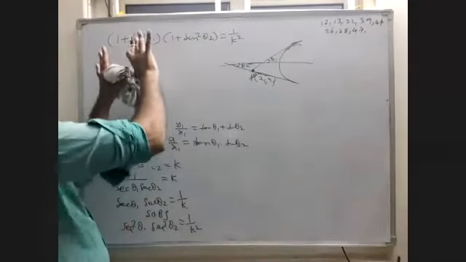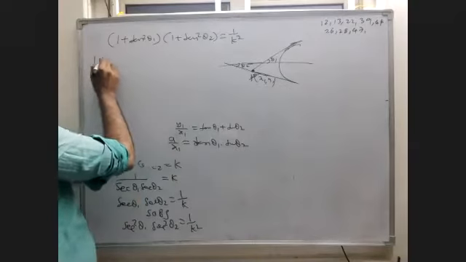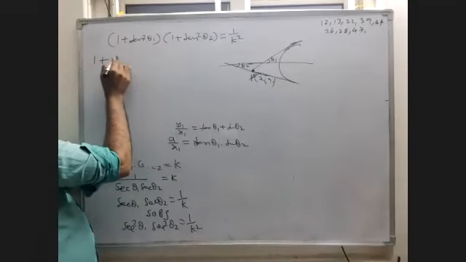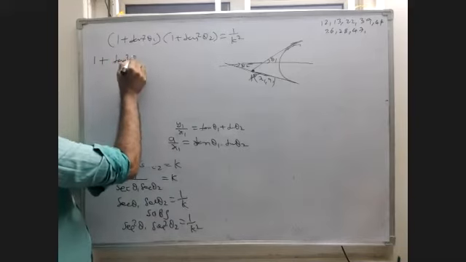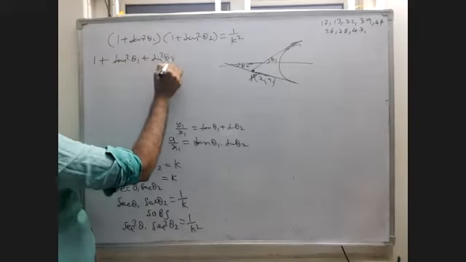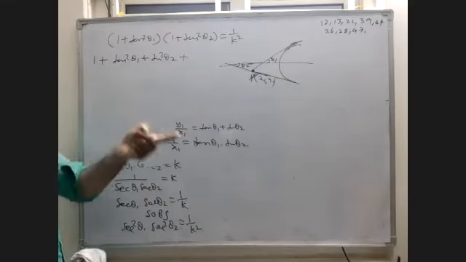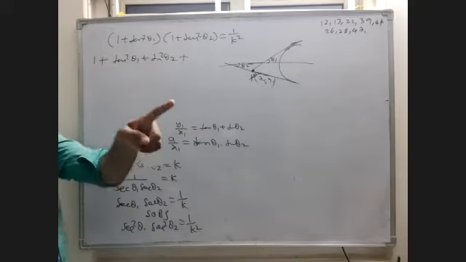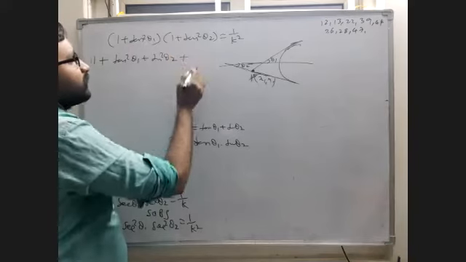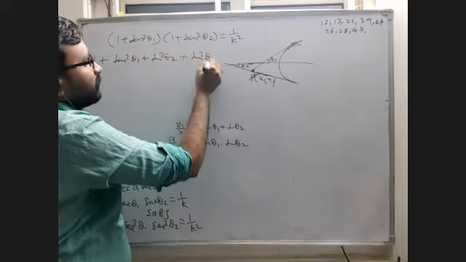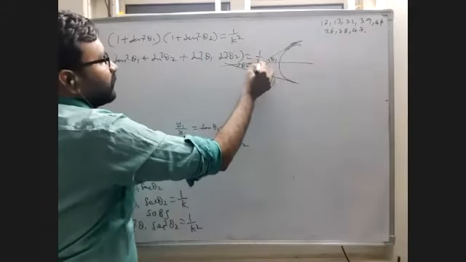Multiplying: 1 plus tan square theta 2 plus tan square theta 1 plus tan square theta 1 tan square theta 2 is equal to 1 by k square.